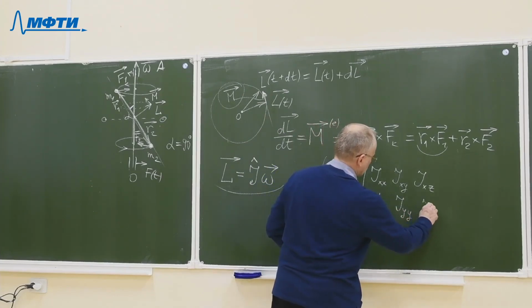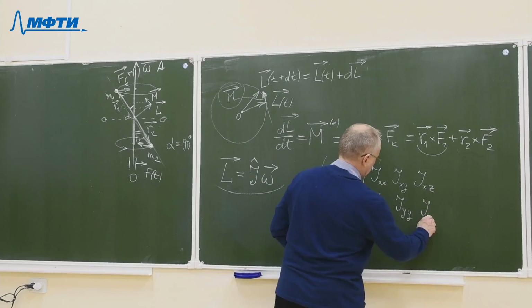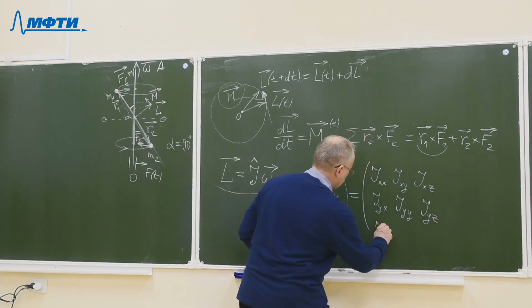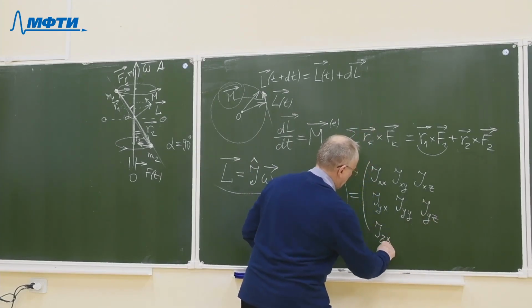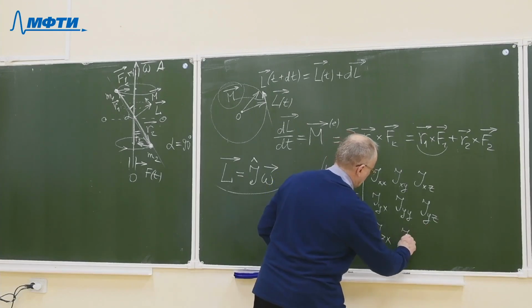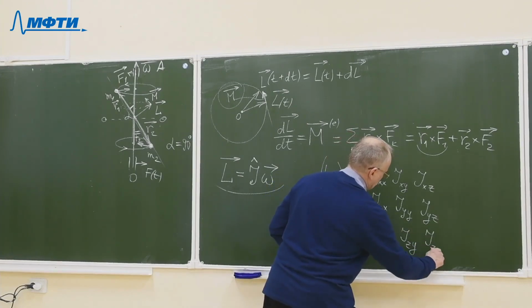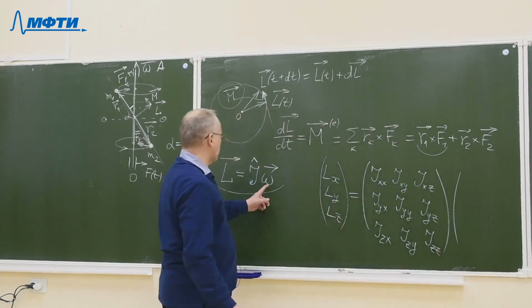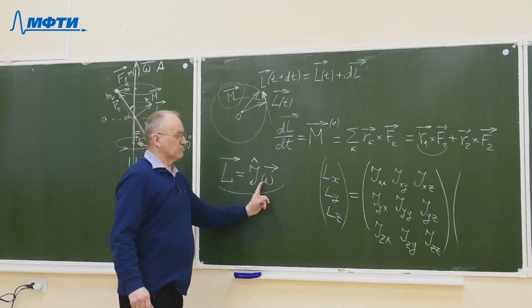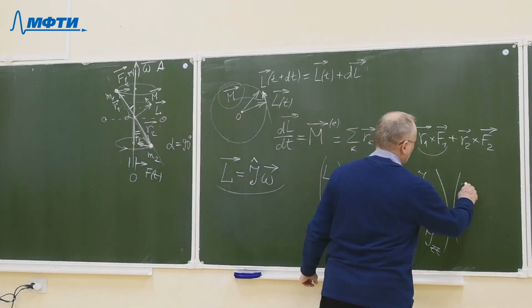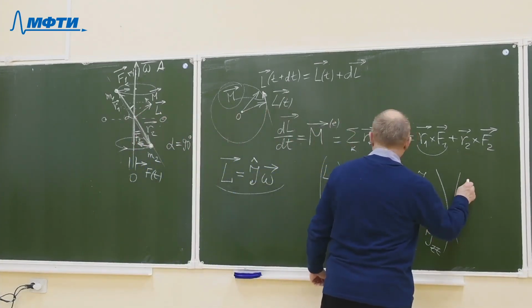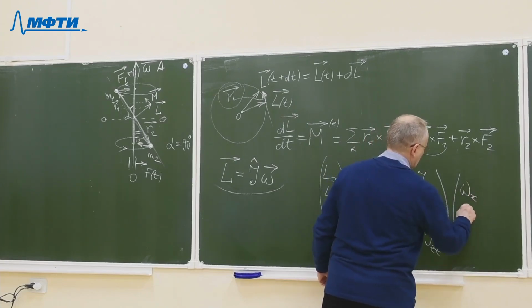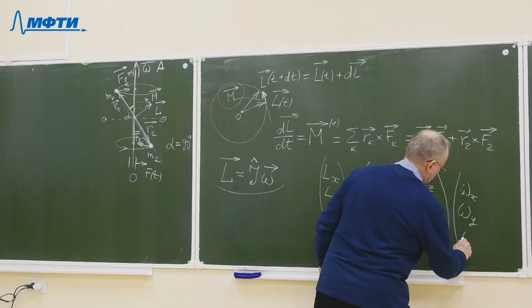This is a matrix, and so that could be written in such a form as which you must be well familiar with. And vector of omega also has its three components, which can be written in a column: omega x, omega y, and omega z.